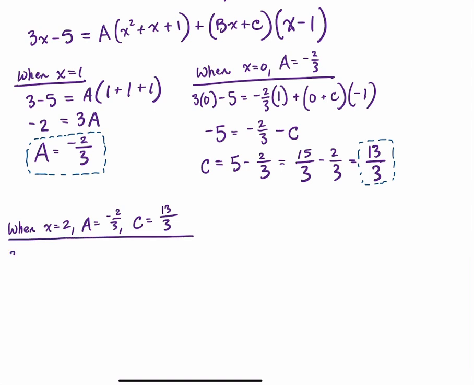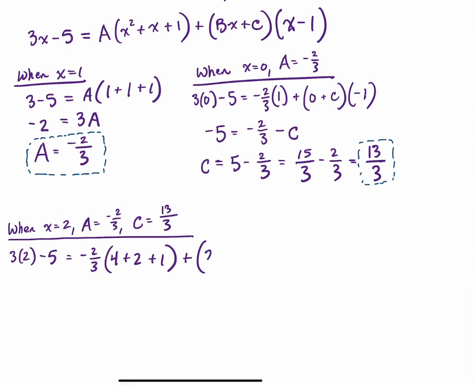So this will give us 3 times 2 minus 5 will equal negative 2/3 times 2 squared is 4 plus 2 plus 1 plus, now we don't know b yet, so this will be b times 2.